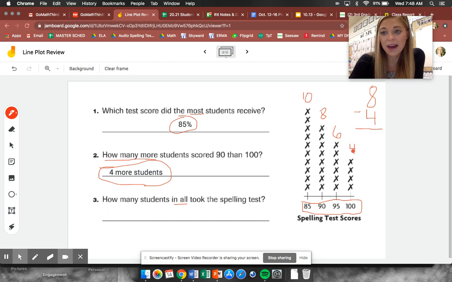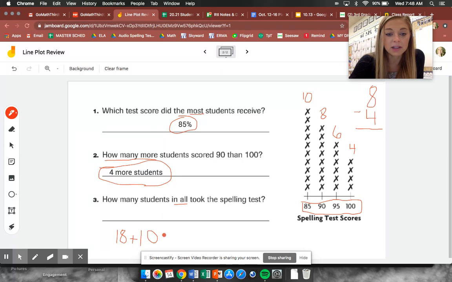The way I'm going to do that is first just add 10 plus 8. And I know that 10 plus 8 equals 18. So I'm going to write 18 down here. And now I'm going to add together 6 plus 4. 6 plus 4 equals 10. So I'm going to add 18 plus 10 now. Or I could write that up and down.